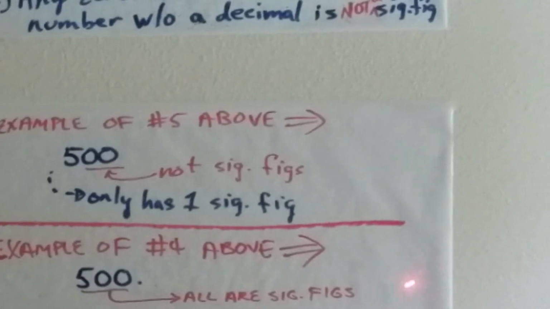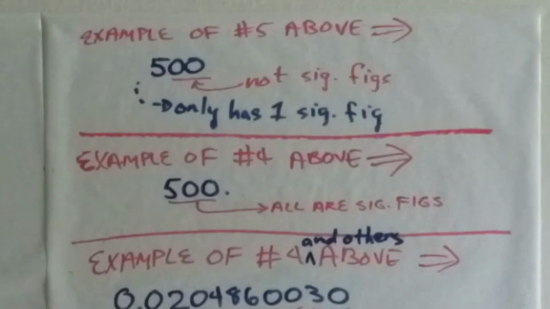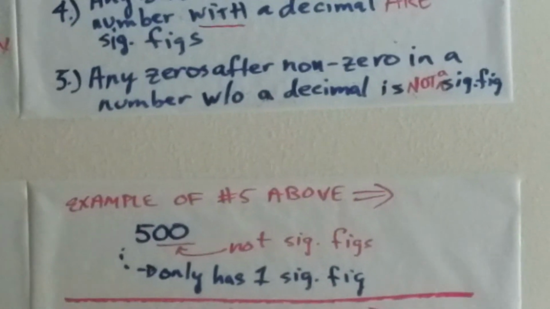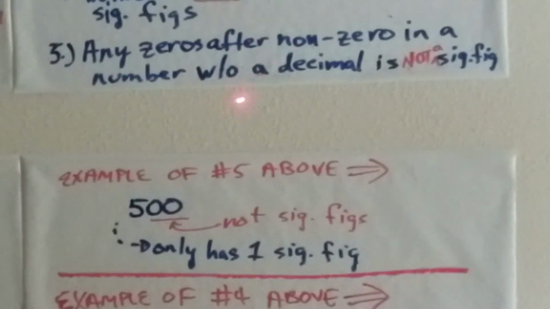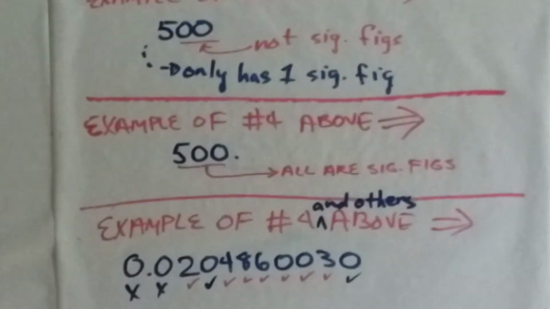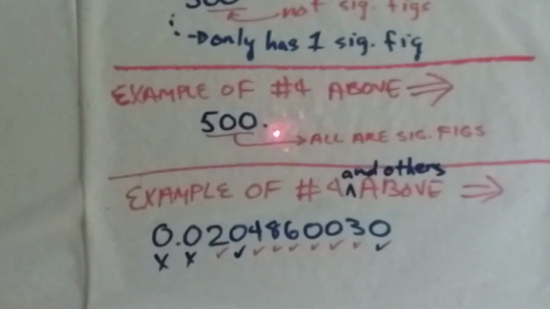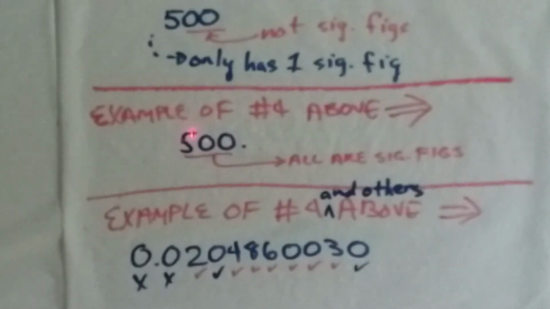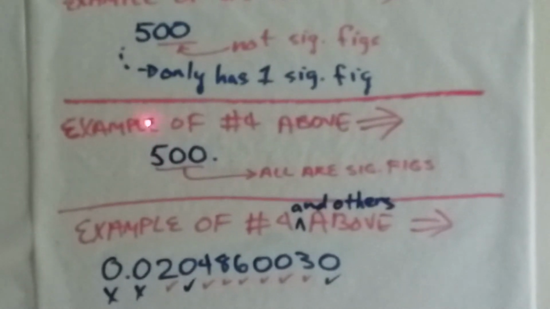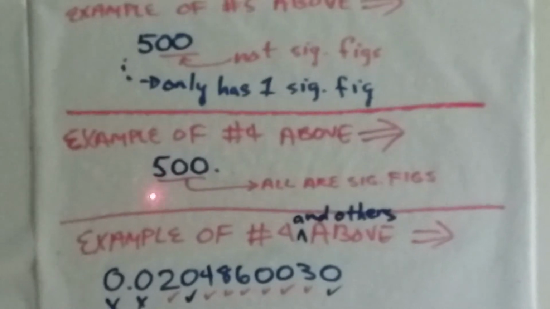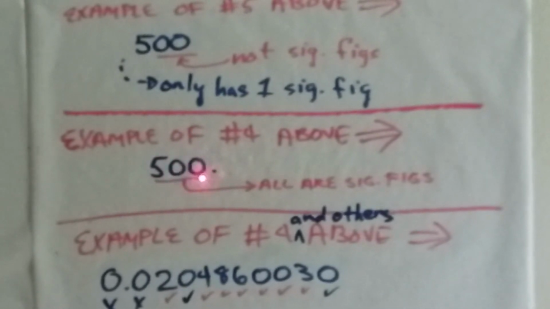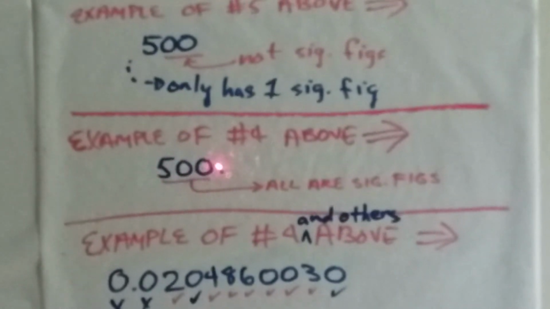So now couple that up with concept number 5. Now we have a decimal included. So now we change the 500 to a 500 with a decimal, and it makes some substantial difference here. So now the 5 and the zeros are included.